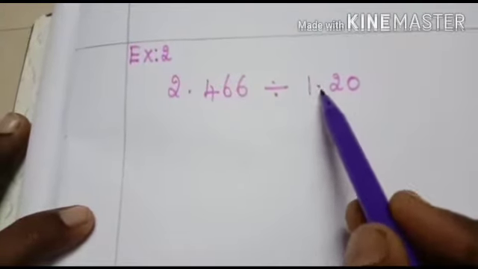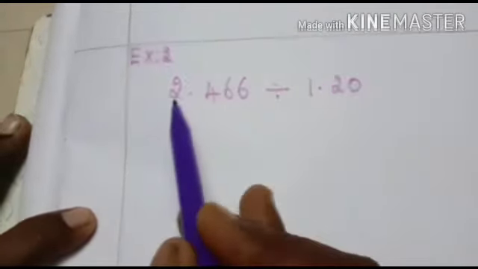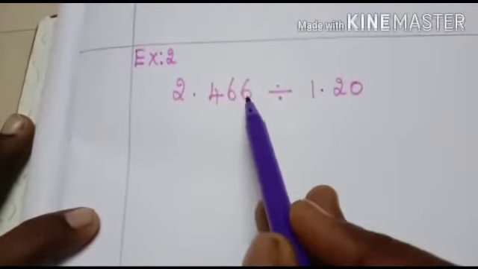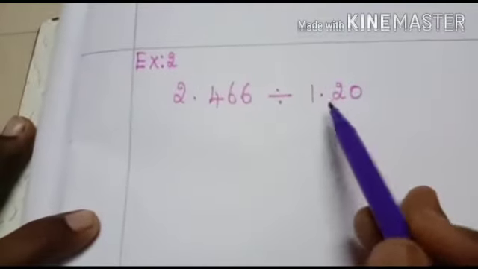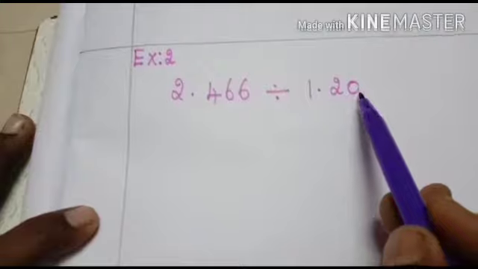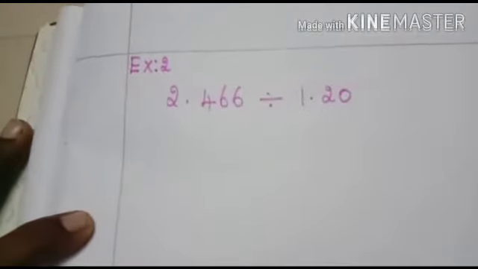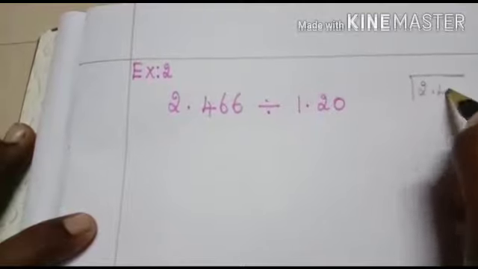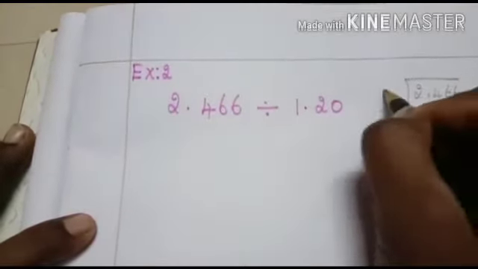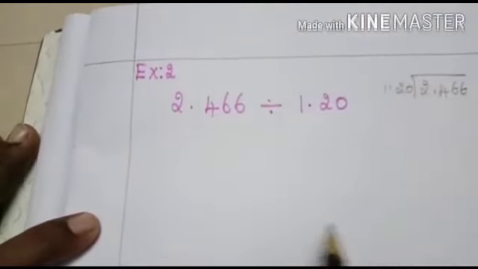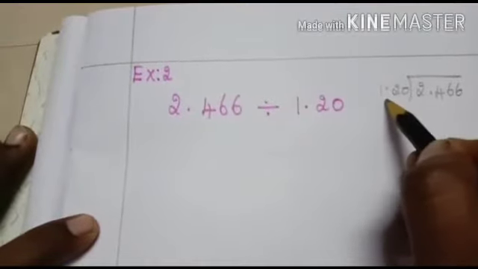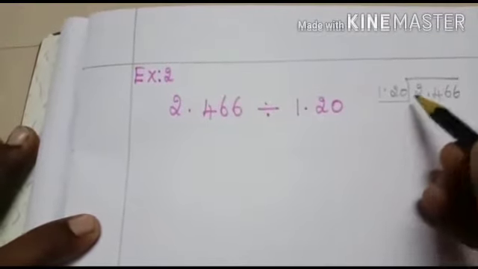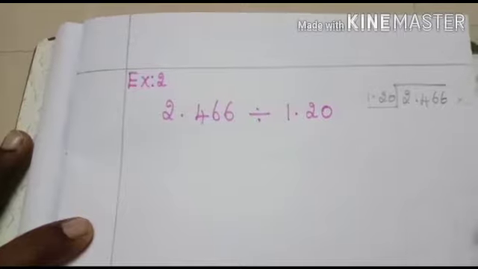Example 2. 2.466 divided by 1.20. Here 2.466 is the dividend. 1.20 is the divisor. Here in the divisor there is a decimal point, so division is impossible.